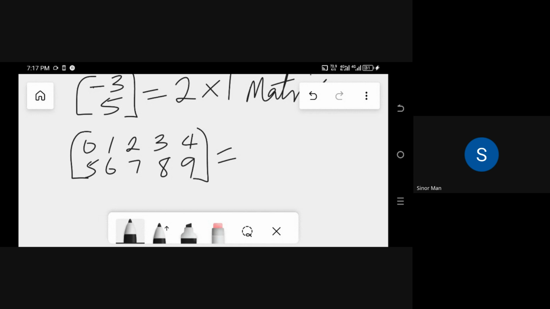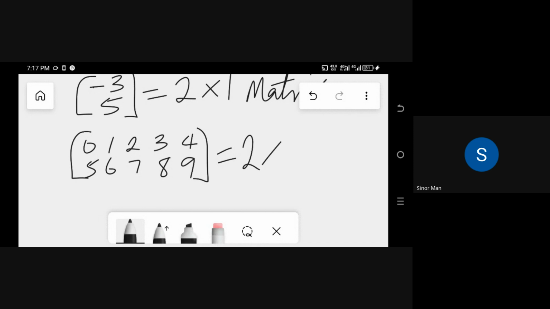Sorry, come again. 2 times 5 matrix. Okay, you don't say it is a 2 times 5 matrix. You say it is a 2 by 5 matrix. By, not times. But I get your point. That's a good try.